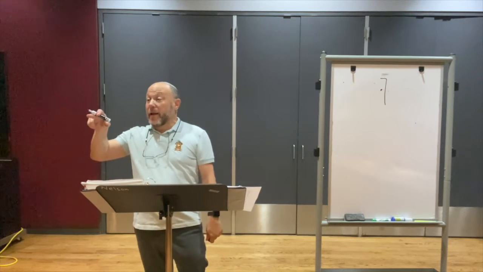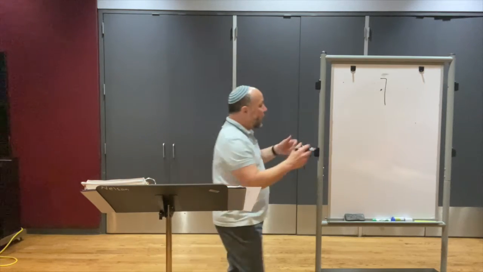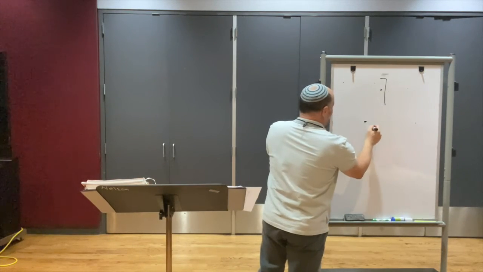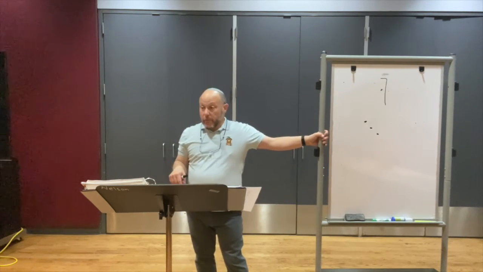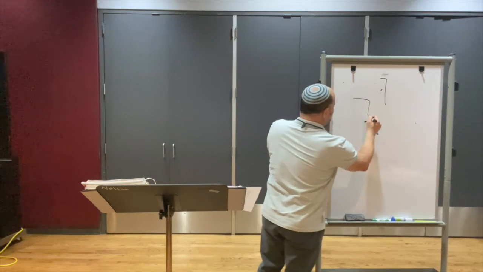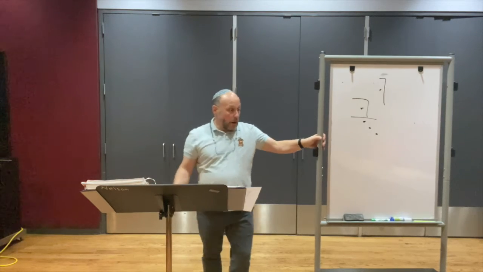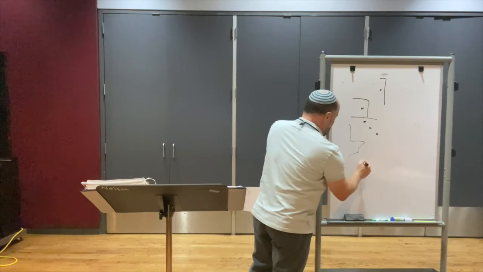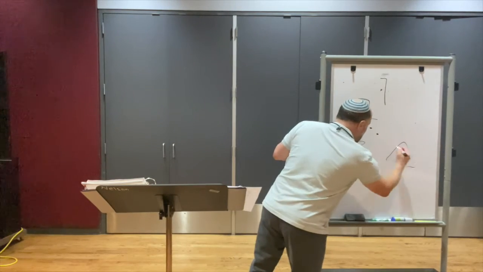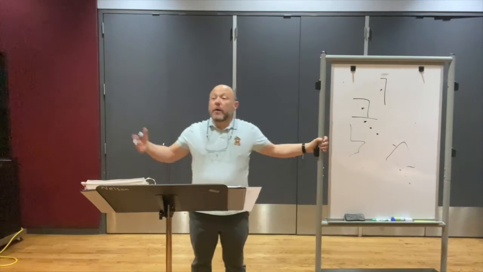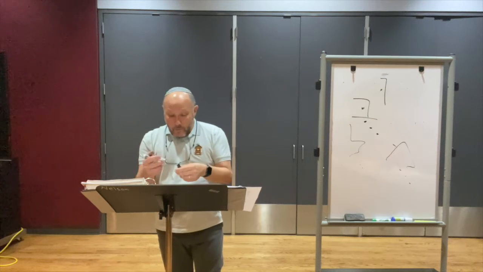There's another way that the ooh sound is made in Hebrew, and that is 3 diagonal dots underneath a letter. So if you have a bet, that would be boo. If you had a lamed, that would be lu. If you had a mem, that would be moo. Exactly. Okay. So that's the ooh sound.